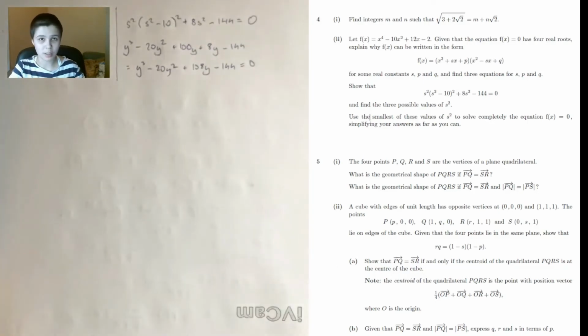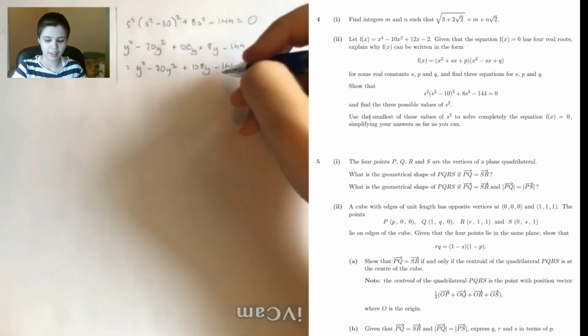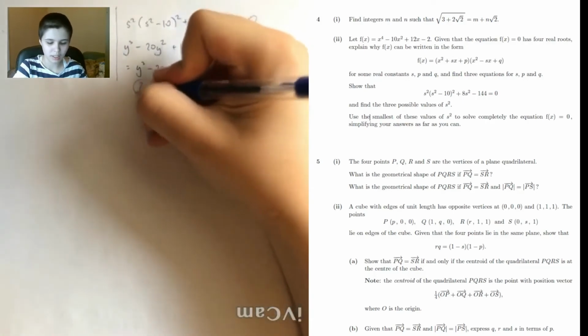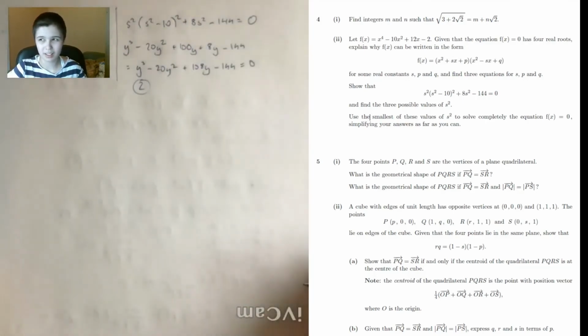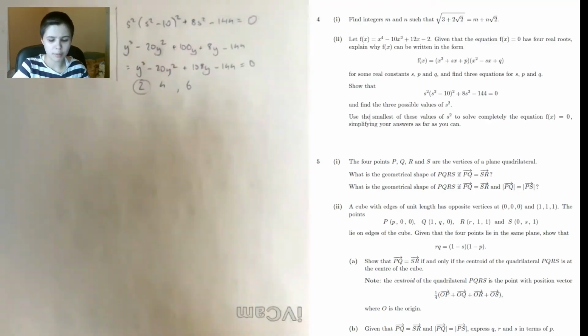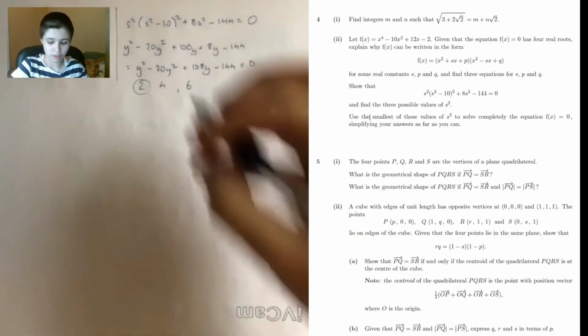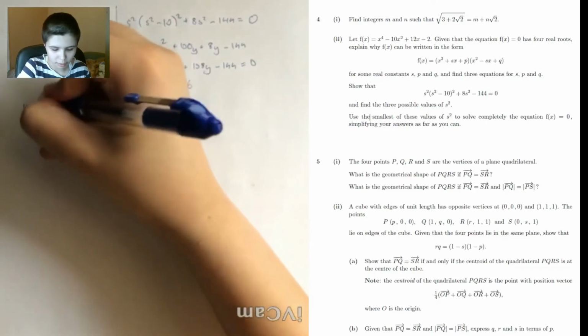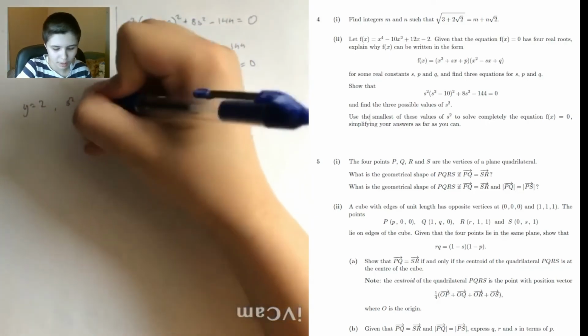So try plus or minus 2, plus or minus 4, plus or minus 6, plus or minus 3 as well. You don't need to go very far because I think 2 is already a solution, and then the other solutions are like 4 and 6. I don't remember, but anyway, 2 is the smallest solution, so y is equal to 2, so s squared is equal to 2.